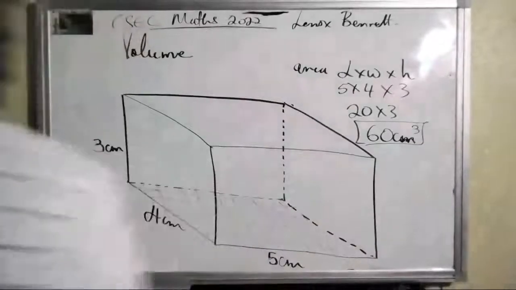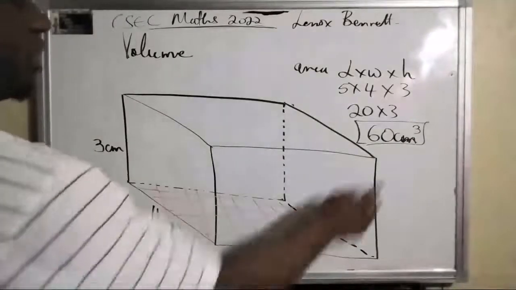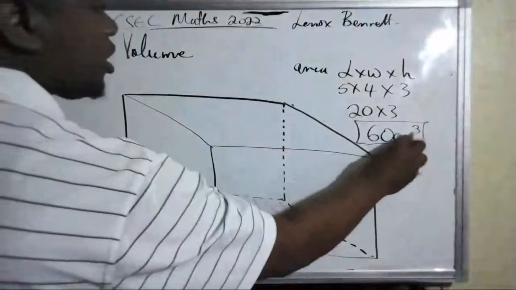All right, this was a killer on the last exam, so guys, look out for this one. I'm gonna change the dimension, and you guys put it in the comment section what you think would be the volume of this cuboid. I'm gonna see the first person who can get it correct. Remember guys, the unit is cube.